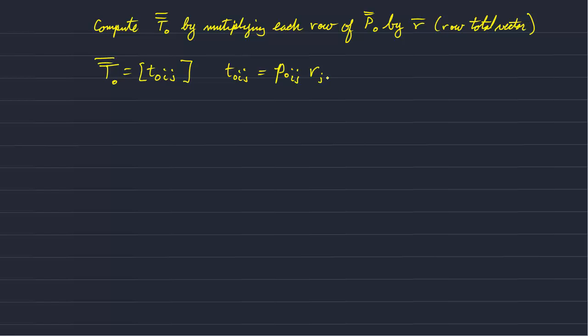And let's see, so in MATLAB, for example, we would write T0 is equal to diag, with the components of R on the diagonal of this 4 by 4 diagonal matrix, times, and this is a matrix multiplication, P0.